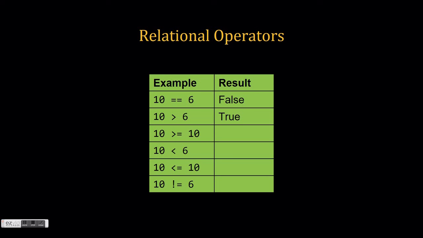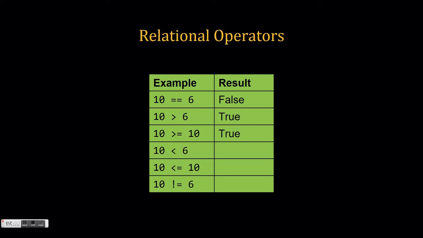This one here, you're asking if 10 is greater or equal to 10. Because of the equal to relationship, we evaluate this to true because 10 is greater or equal to 10.